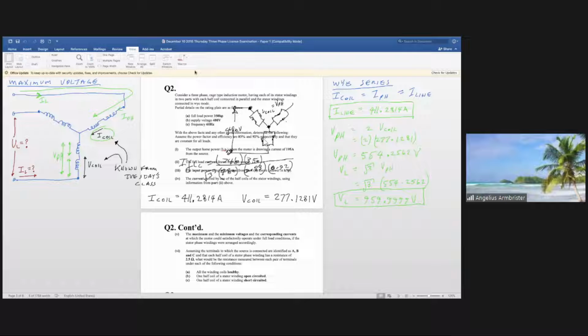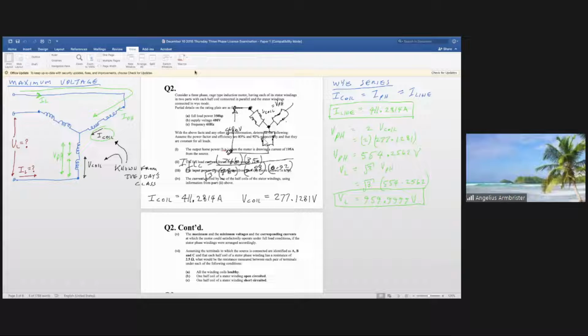So let's go HP equals √3 times 411.2814 times 959.9999 times 0.83 times 0.92 over 746.